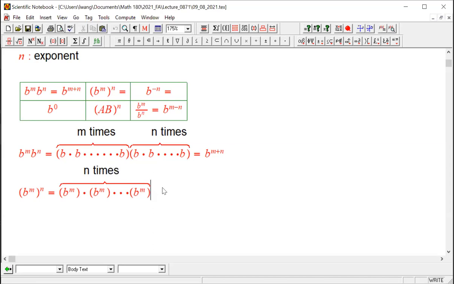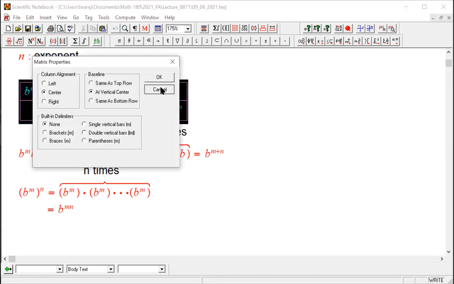And then each one you have m times. How many m times do you have? n times. So therefore, it's going to be b to the power of m times n, because in each one of these n times, you have m times. So a total of m times n. That's pretty straightforward.